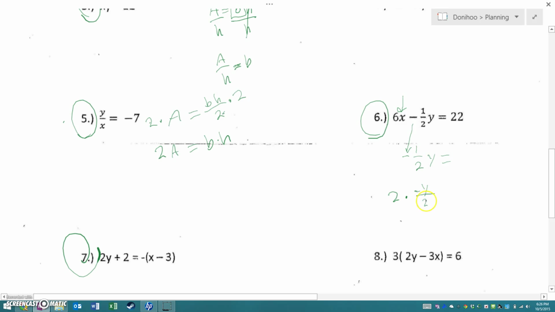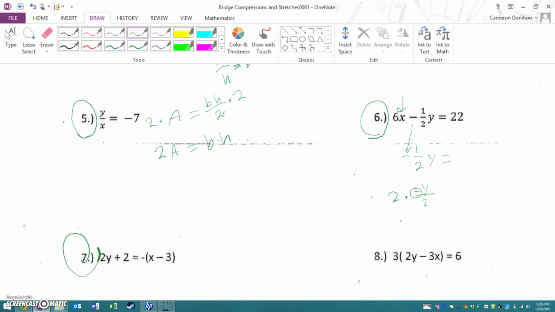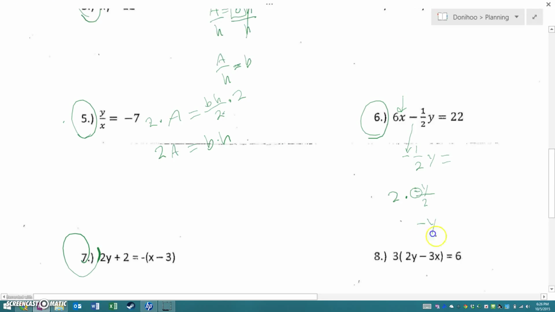Right there. Okay? Now, with that multiplication, you also have to keep in mind that sign. You want to get rid of that too. If I just used a 2 there, then after I multiply, I'd have a negative y left over. 2 would cancel, 2 would cancel. I don't want negative y. That's not what you're being asked to solve for.